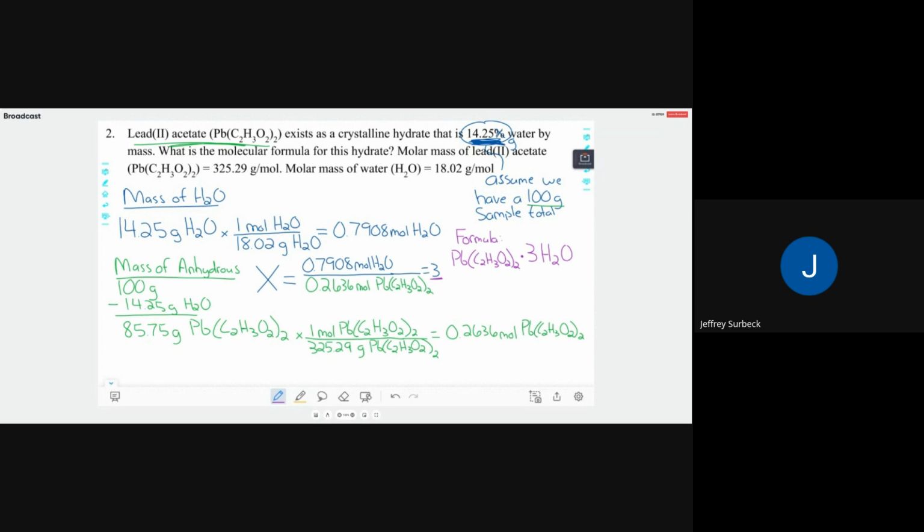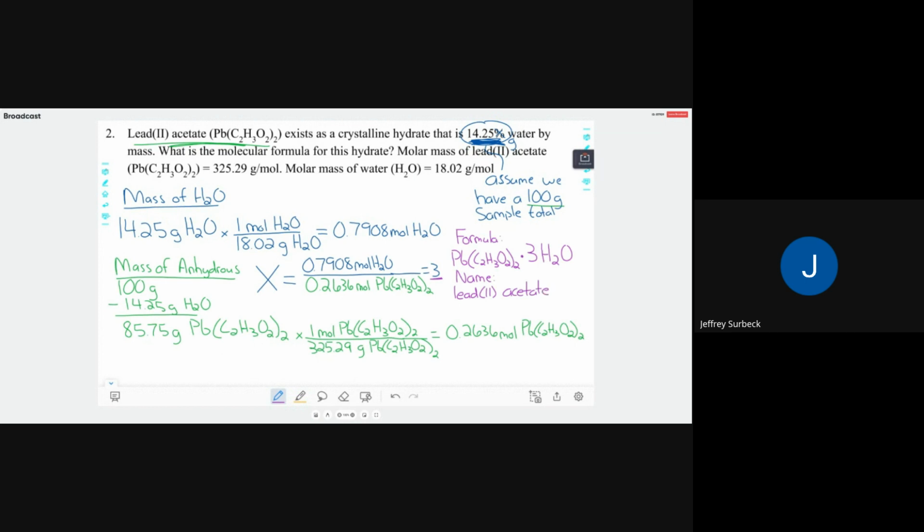Now, the problem doesn't ask this, but I do want to go one step further. The name of our hydrate here would be as follows. We would use lead 2 acetate, so I'm simply going to copy and paste that name from above. So we have lead 2 acetate, and then we have, again, 3 waters.